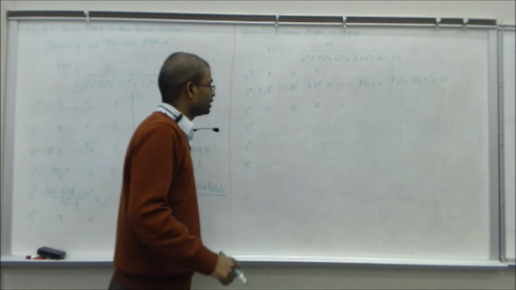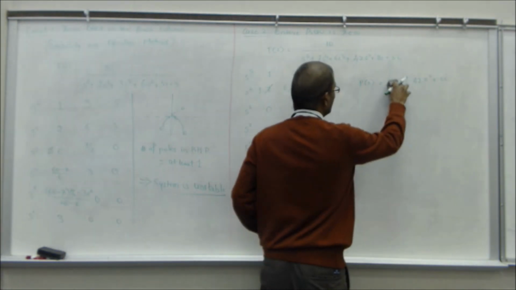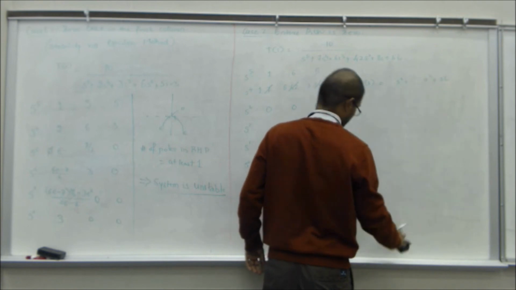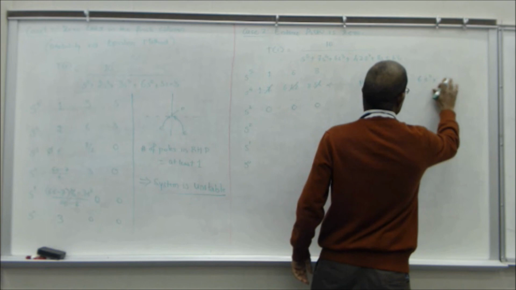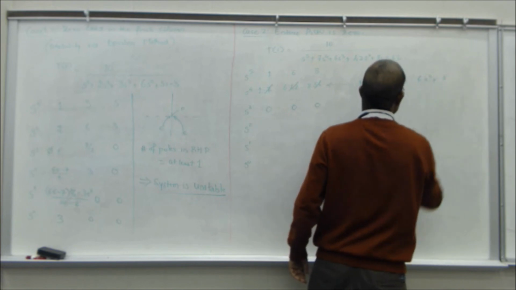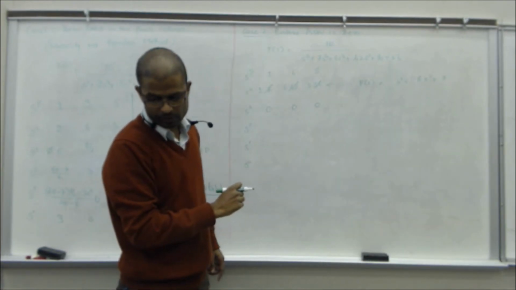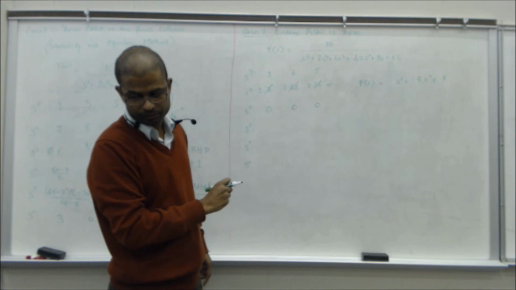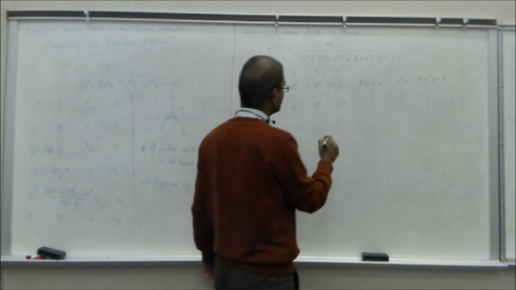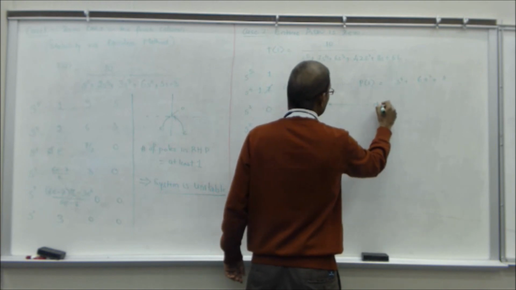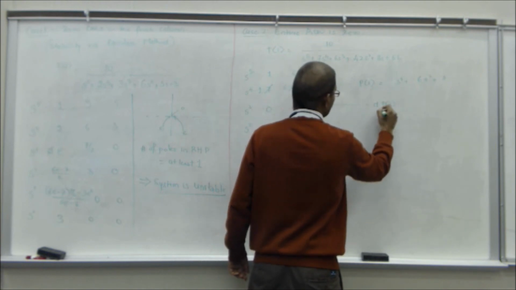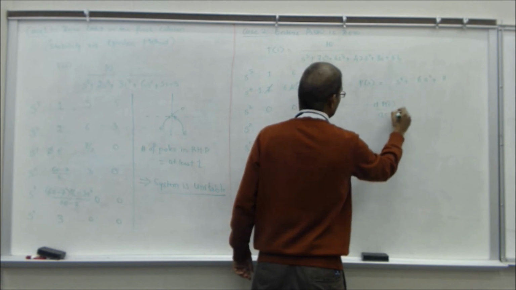So accordingly, I can write this polynomial as S^4 plus 6S^2 plus 8. And what I do is, this row then would be dP(s)/ds.